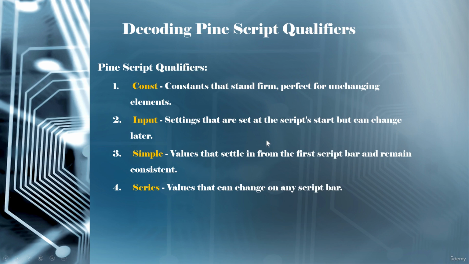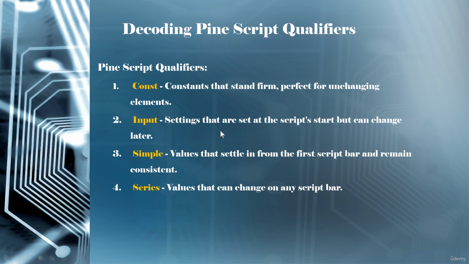Now let's review each type of the qualifiers, and we'll try to understand the definition of it and how to use it. First, the const qualifier. Values for this qualifier are set in stone before the script's first move.